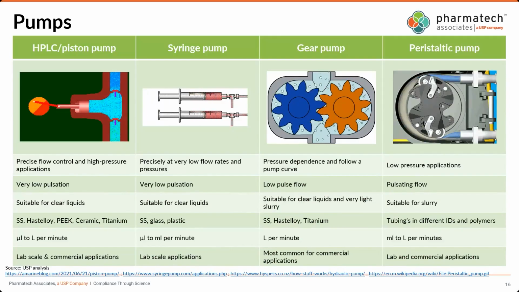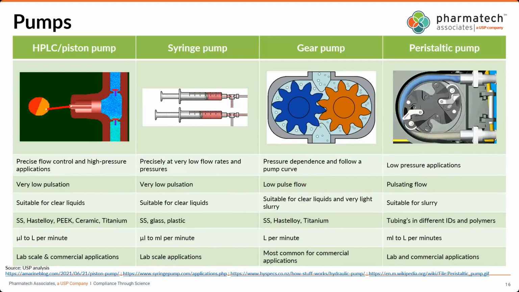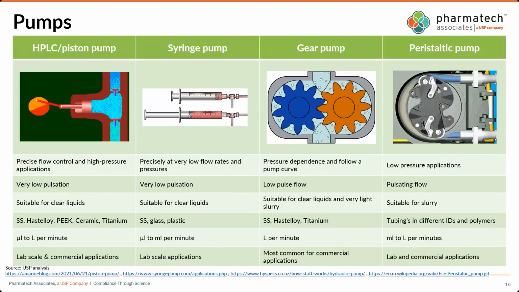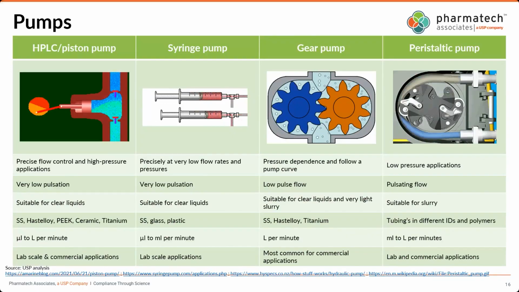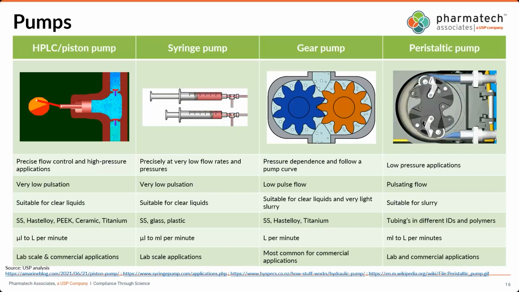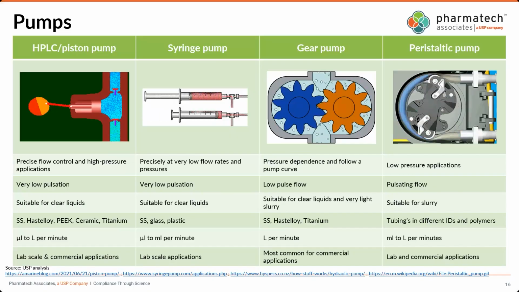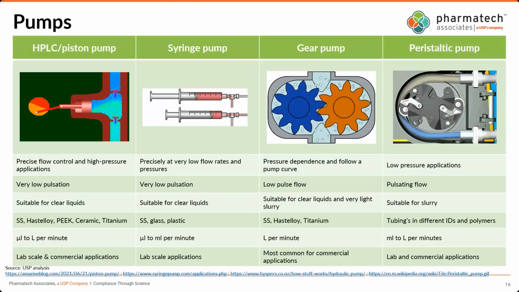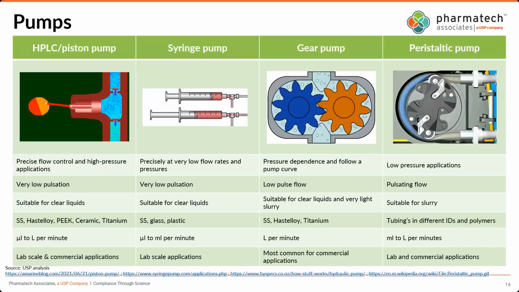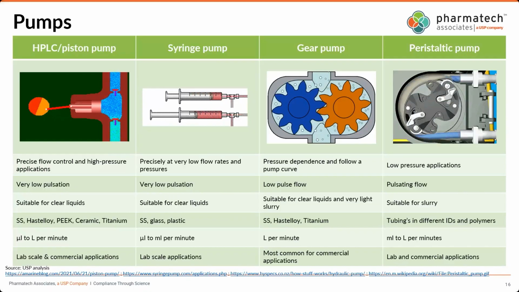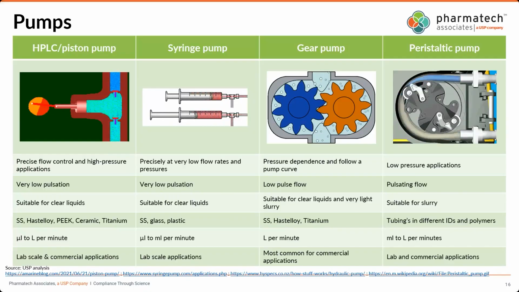They are favorites because of their precise flow rates, flow control, and they are able to operate at very high pressure applications. Piston pumps excel in delivering a precise and controlled flow rate irrespective of pressure, which is critical in maintaining the steady flow of your reactants during your process.